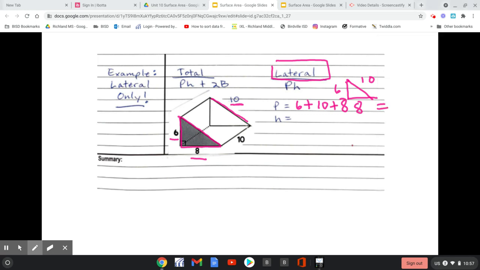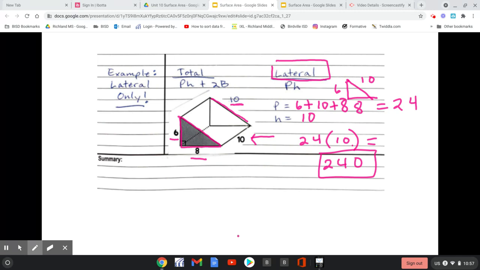So we know our answer is 24 for the perimeter. The height, if you tilted this prism back upon its triangle, the height would be 10. So we know the height is 10. So now we just plug that in. 24 times 10 equals 240. Okay?